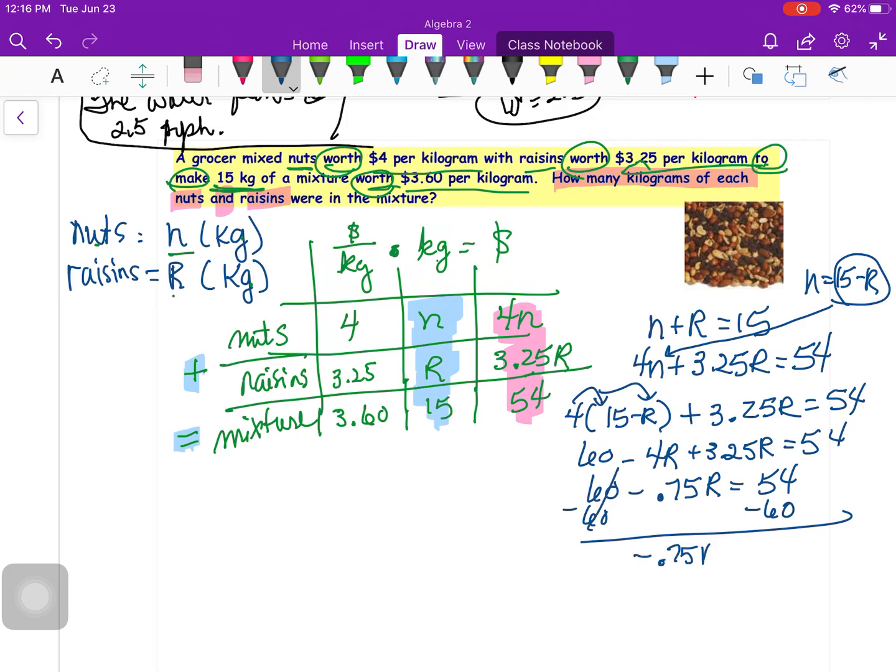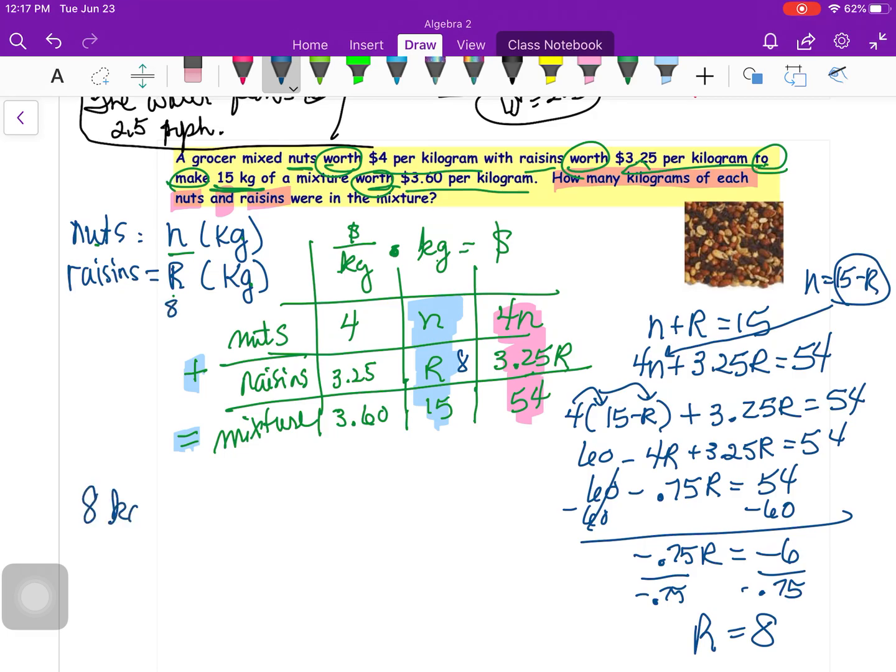Subtract the 60. Negative 0.75R equals negative 6. Divide by negative 0.75. And I get R equals 8.